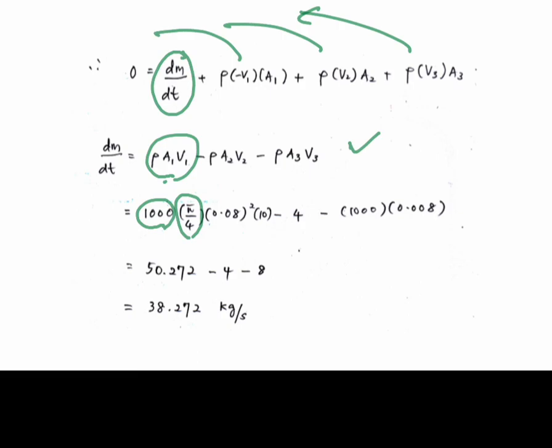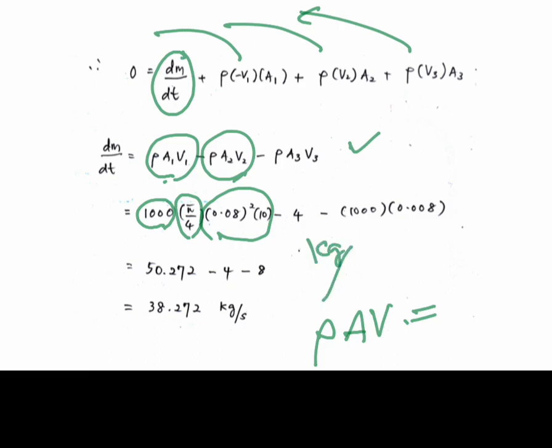After we move to the right hand side, the velocity here is positive, so we could write it like this. And then for outlet number 2, we are calculating rho A V. As long as we know that rho is kilogram per meter cube, A is meter square, and V is meter per second.